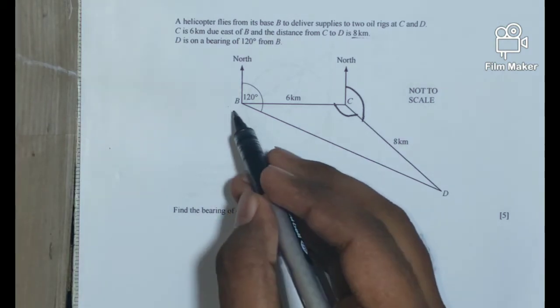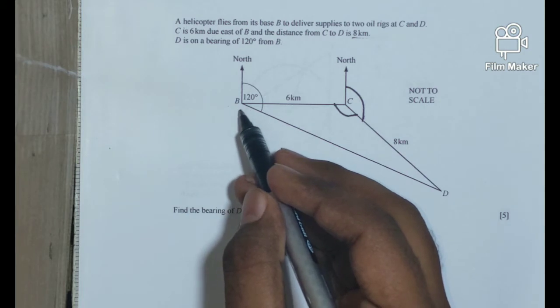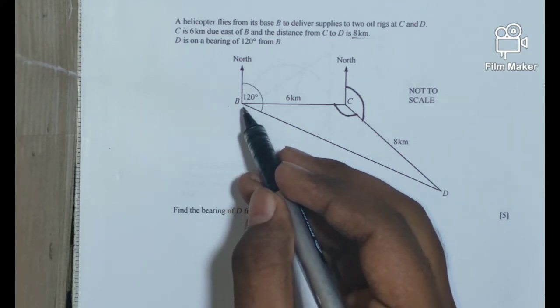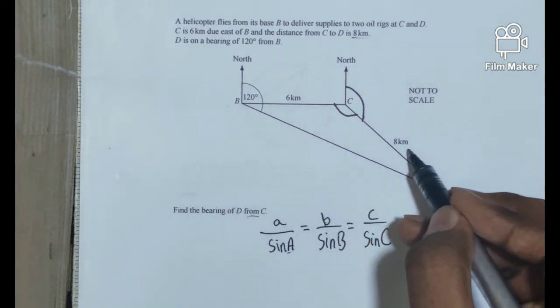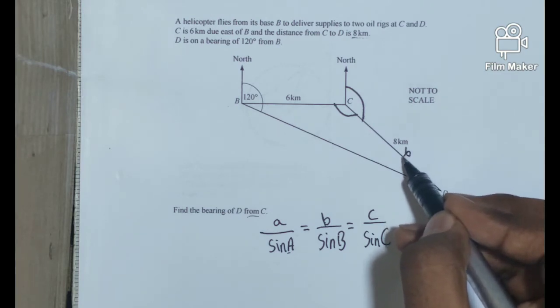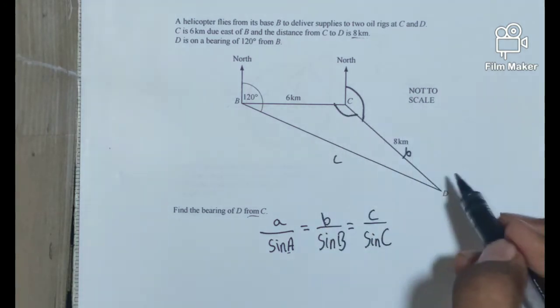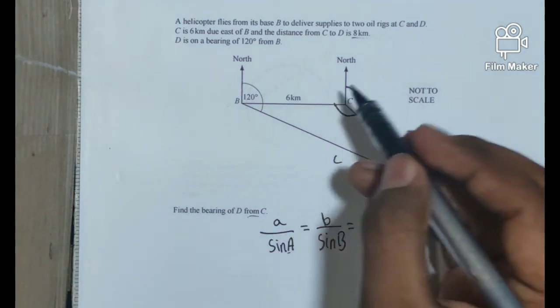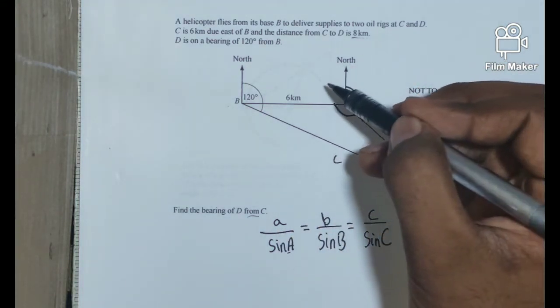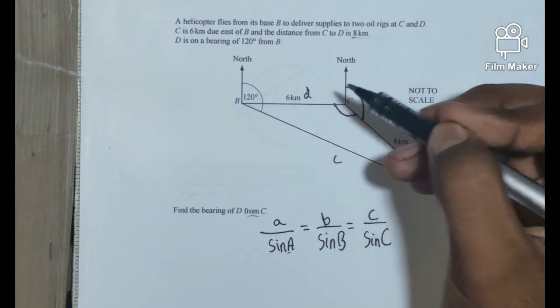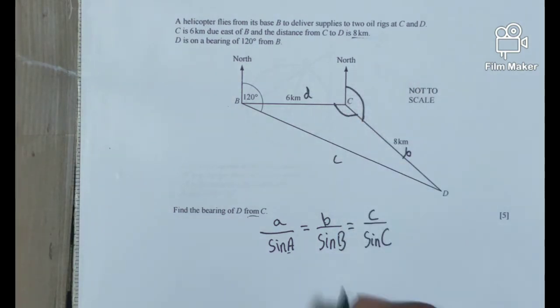So here the angle is at point B, so the opposite side would be small b, and this would be small c, and BC is equal to small d.